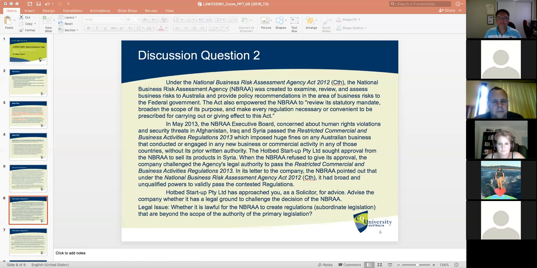In May 2013, the NBRAA Executive Board, concerned with human rights violations and security threats in Afghanistan, Iraq and Syria, passed the Restricted Commercial and Business Activities Regulation 2013, which imposed huge fines on any Australian business that conducted or engaged in any new business or commercial activity in any of those countries without its prior written authority.